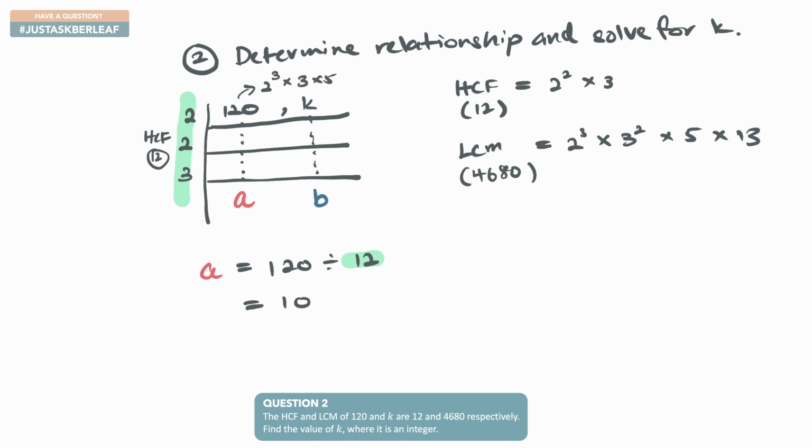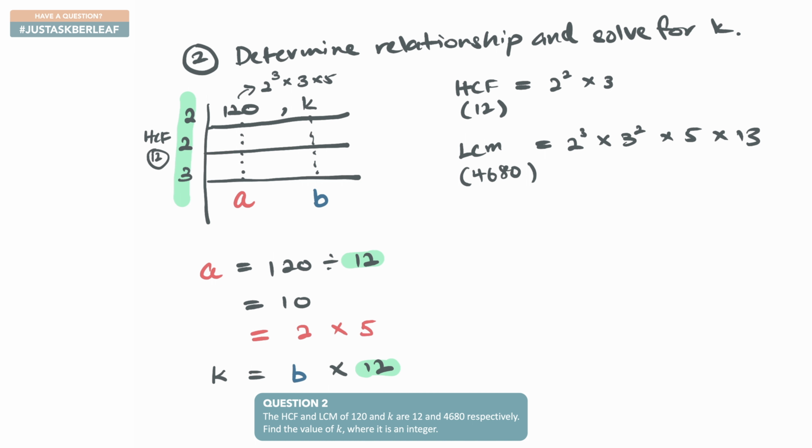That's the value of A, and when expressed as the product of its prime factors, we get 2 times 5. In the same fashion, but working backwards, we are able to use B to find the value of K, whereby K is equivalent to B times 12, which is the HCF.